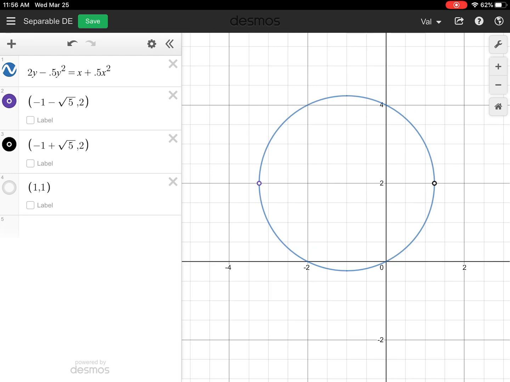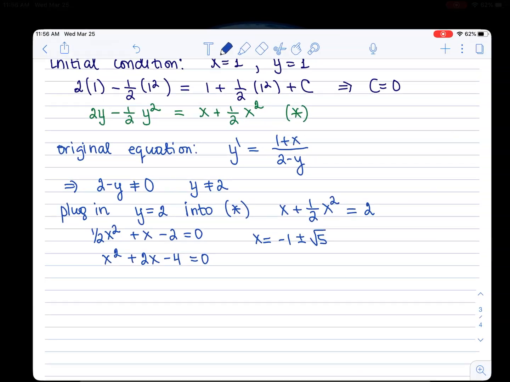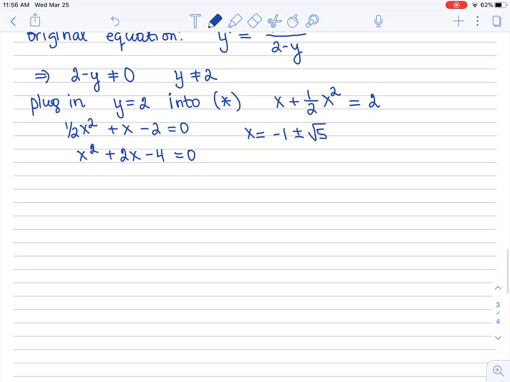The initial condition says y of 1 is 1. So here's this point right here, which means we'll look at the point 1, 1, which is on the lower part of the circle. So your entire solution is this lower part of the circle, not including the points -1 plus or minus root 5, 2. We can make a quick sketch here.